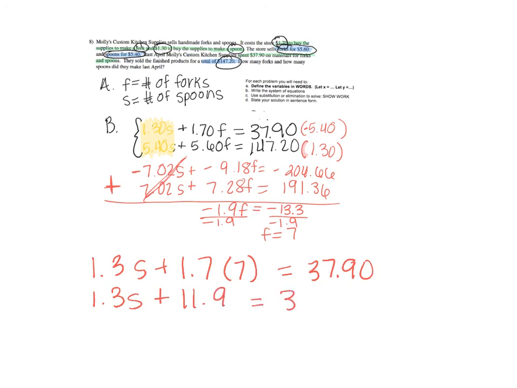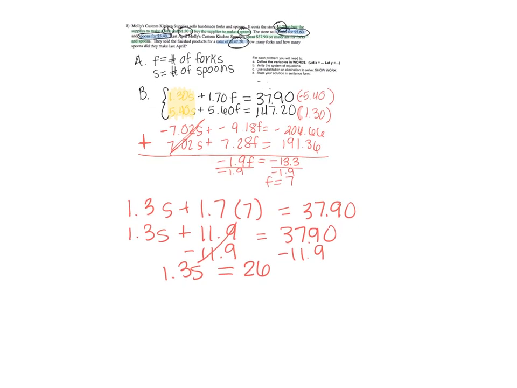It's equal to 37.90. I'll minus 11.9 from both sides. And that'll give me 1.3S is equal to 26. Then I'm going to divide by 1.3 to get S equals 20.